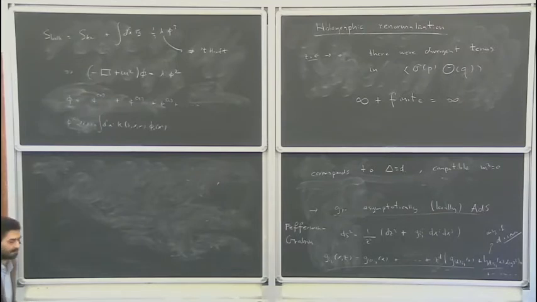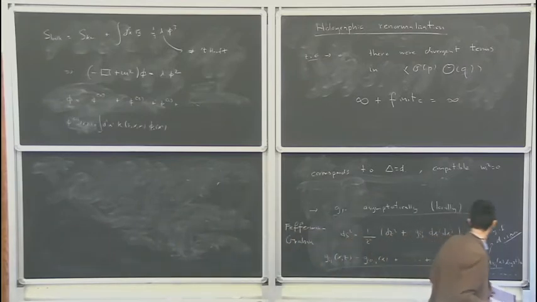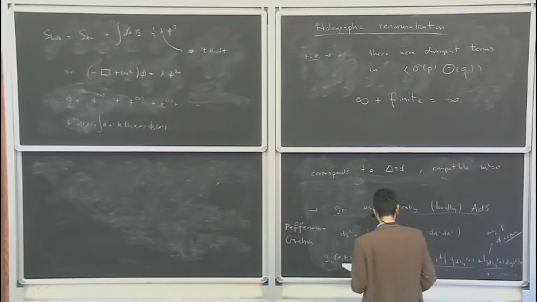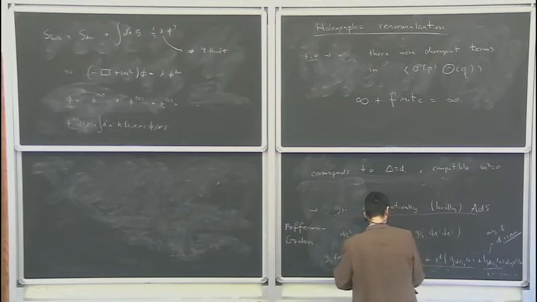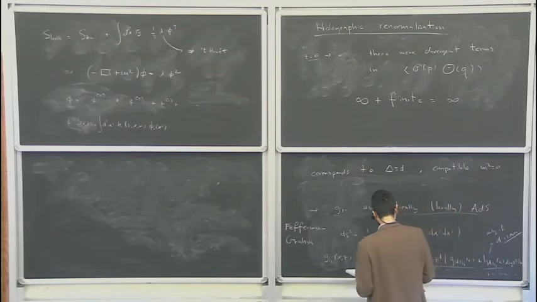Yes? I just don't understand some of the dots in the expansion. The first dot, maybe you could write the second term? Yes, the second term. What is the second term? Is it some power? Does it have one power of z? I think it's a square. In principle, it has all powers.